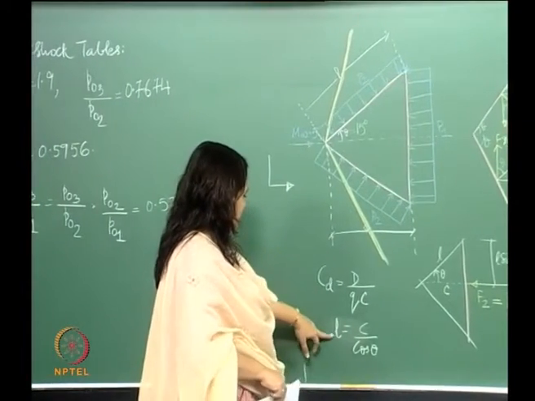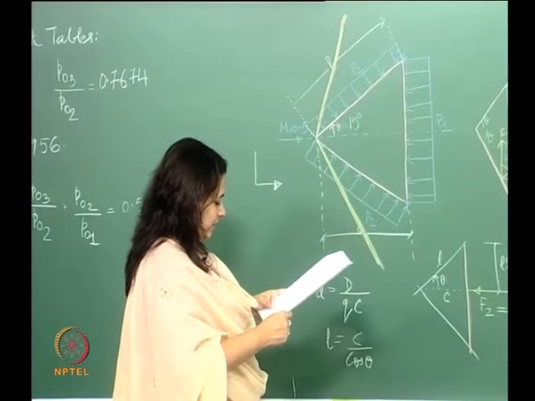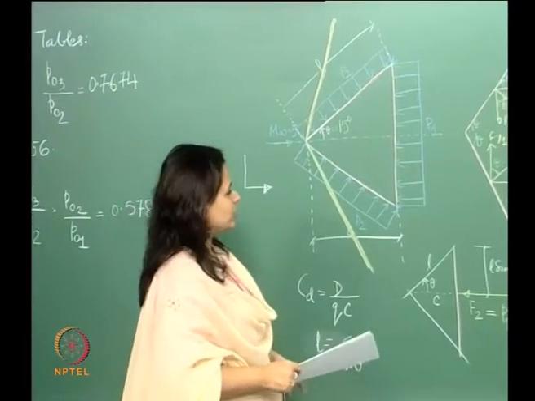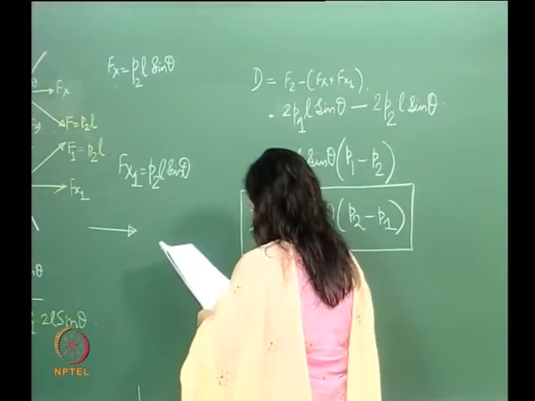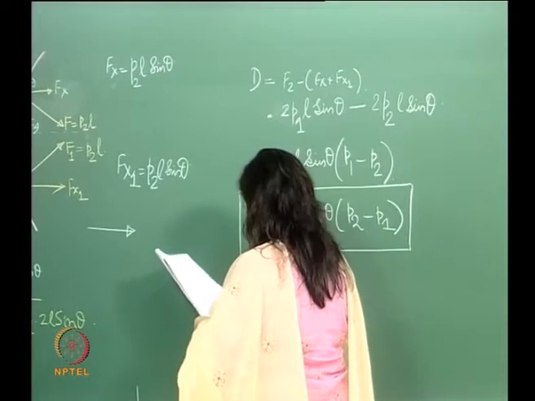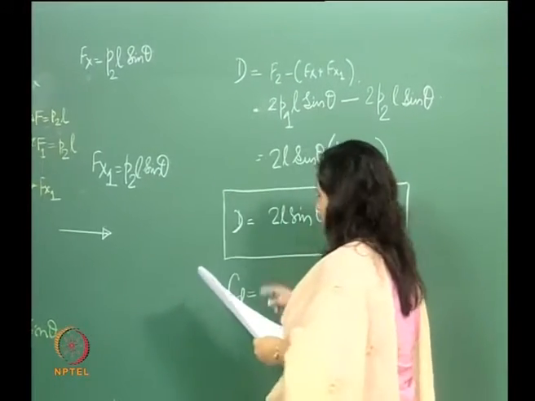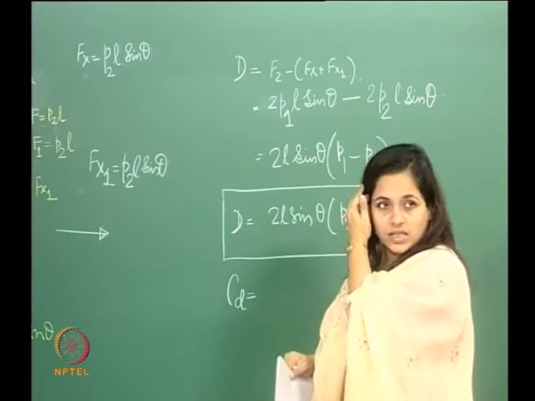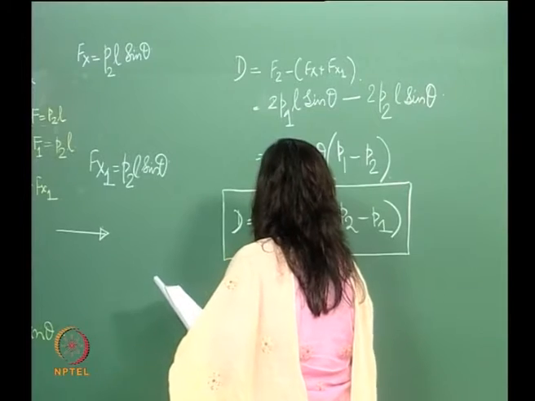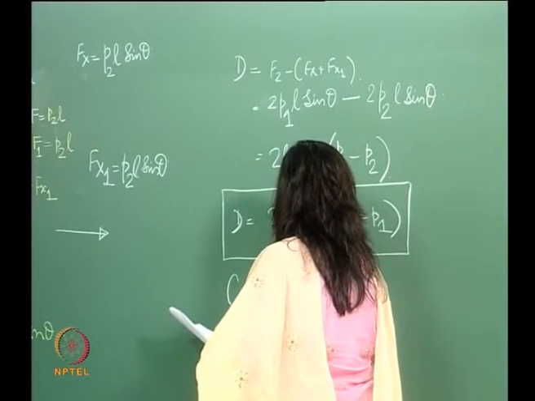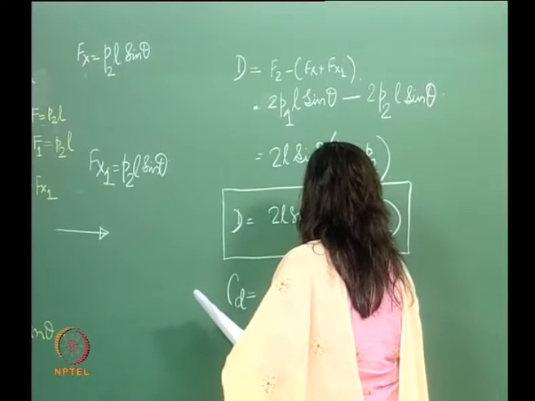So if I replace this L with C by cos theta, then CD becomes the drag by Q into C. So what we get is 2 L is C by cos theta. So then this becomes tan theta.